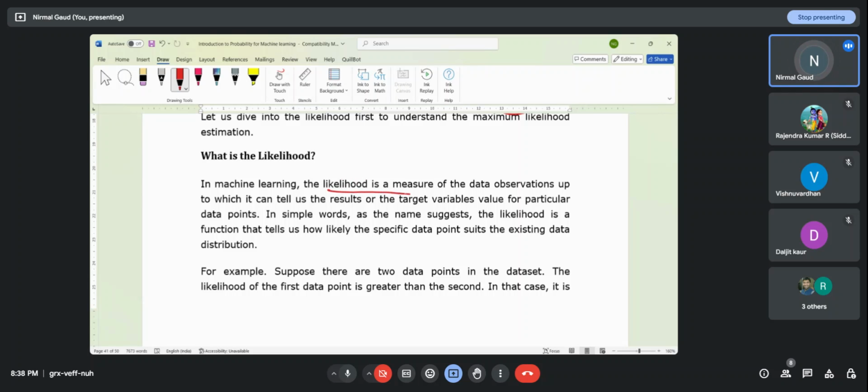So likelihood is a measure of the data observations up to which it can tell the results or a target variable for a particular data point.